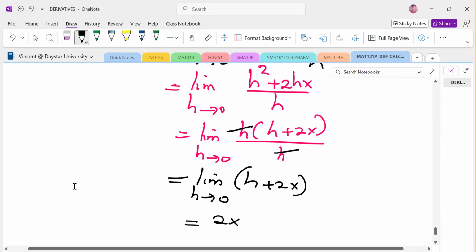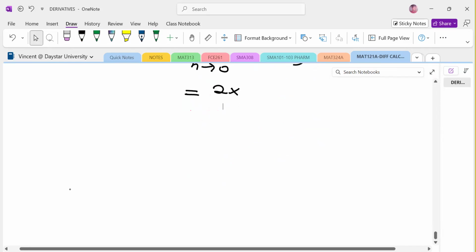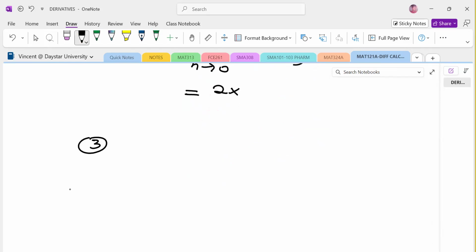That was number 2. Then 3, if we have f of x equals the square root of x, and then we restrict that this x is always positive for it to be fine.